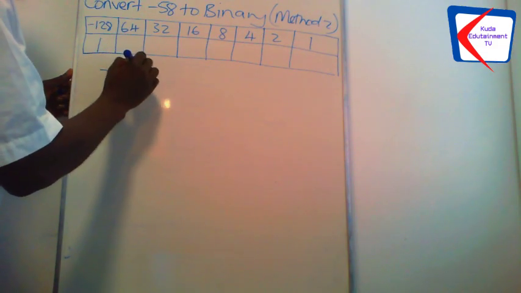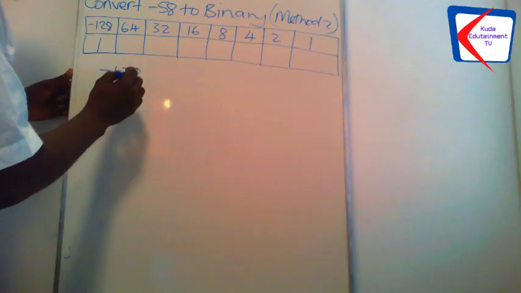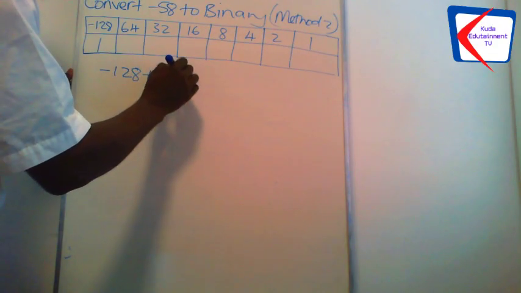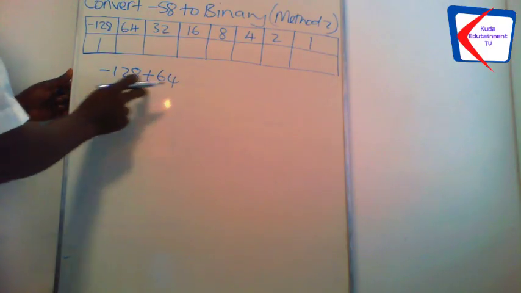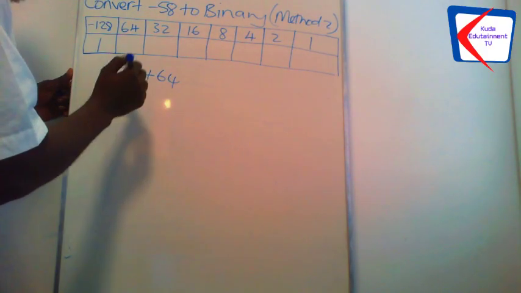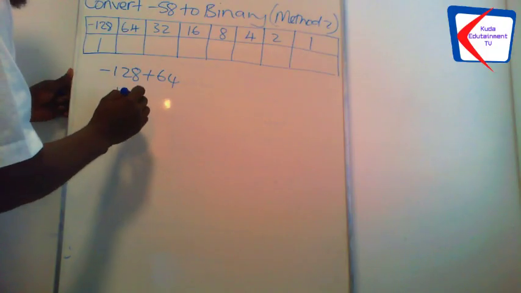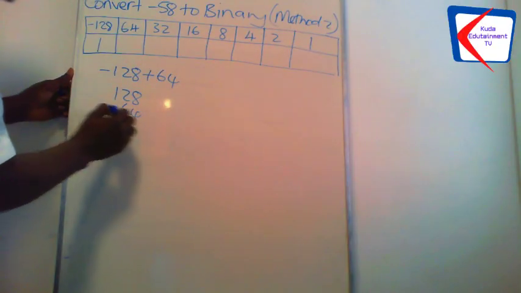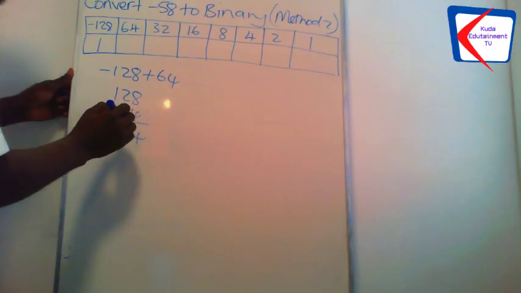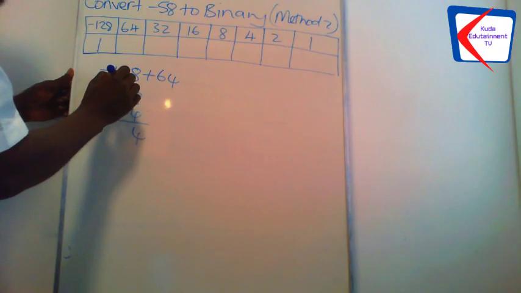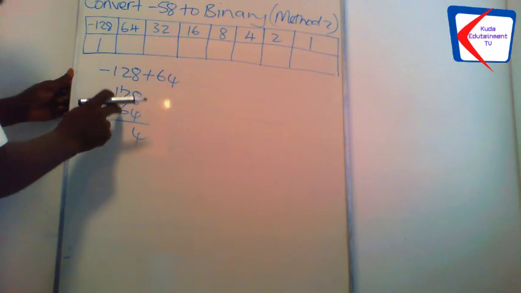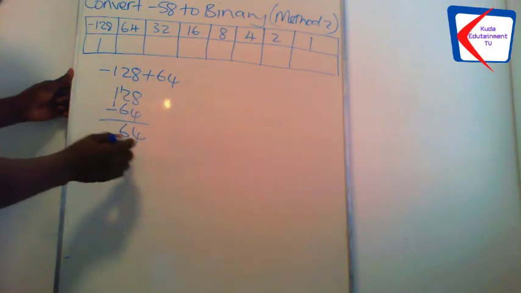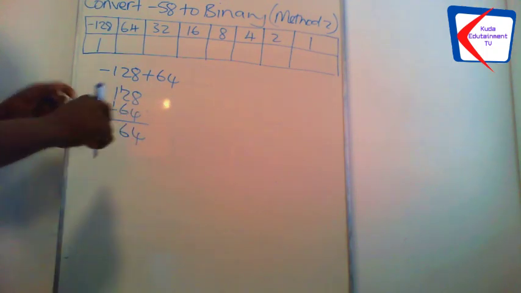If you want to quickly find the answer, negative 128 plus 64 is the same as 128 minus 64. So 128 minus 64: 8 minus 4 gives 4, then 2 minus 6 we can't, so we borrow, 12 minus 6 gives 6, and here we have 0. So we have 64.